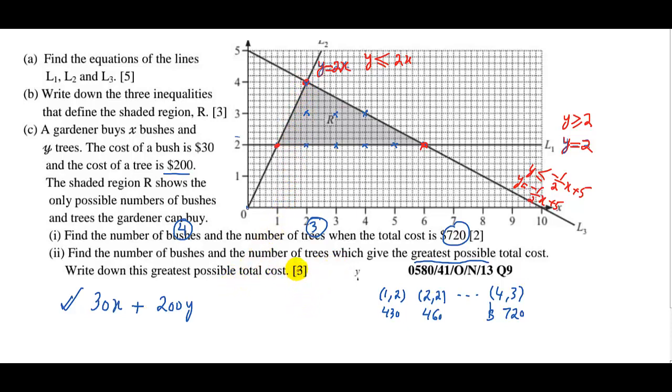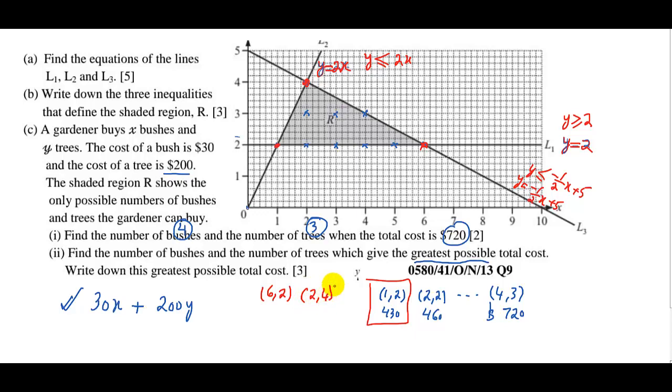Because for the greatest, least, and minimum, the corner points will give you the least and maximum cost. So let's put in this point. We have already put in this 1, 2. So here we have the value, it is 430. Now let's put in 6, 2. And this point is 2, 4.